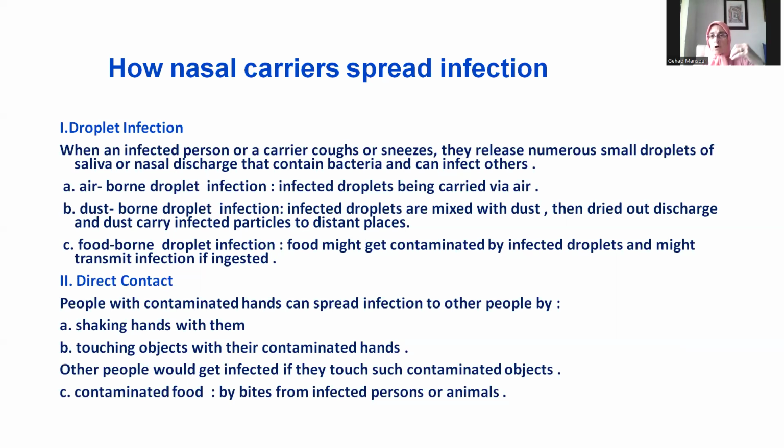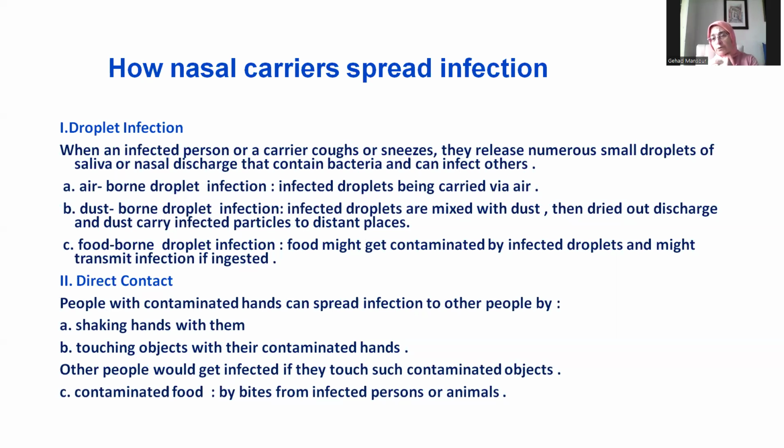In such a way, the droplets fall onto dust, and then the droplets dry out onto dust because of air and the high temperature of the weather. And in such a case, if there is wind and that dust is carried again by air, another person might inhale it. And the third way droplets can be transferred is through food. So we have food-borne droplet infection.